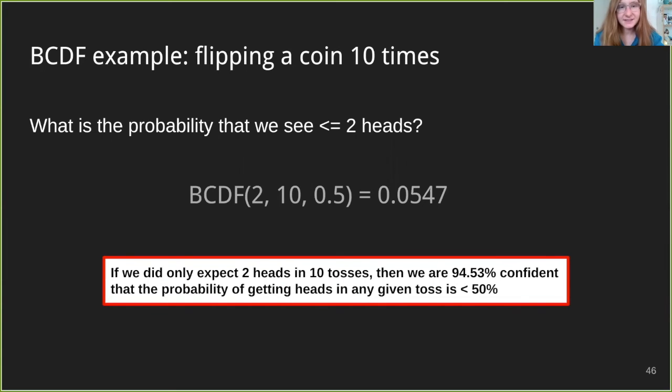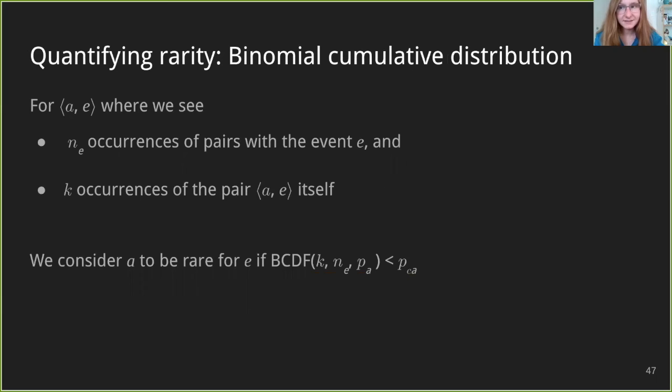And it also means that if we did expect only 2 heads over the 10 tosses, then the confidence means that the probability of getting heads in any given toss is less than 0.5. So we can use this reasoning to represent rarity of access paths for events and vice versa.